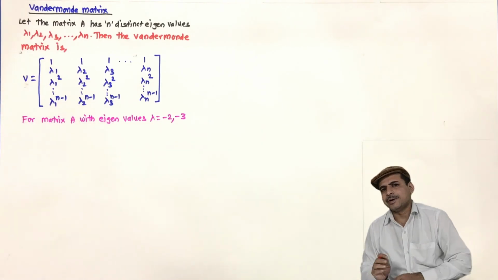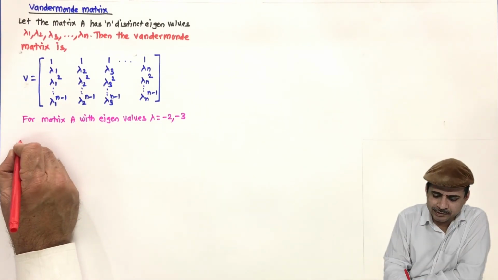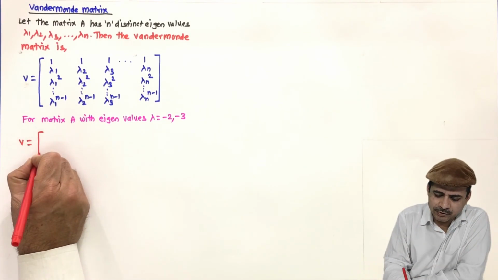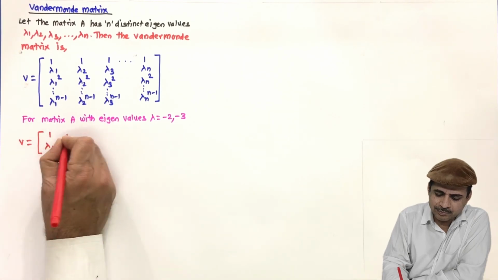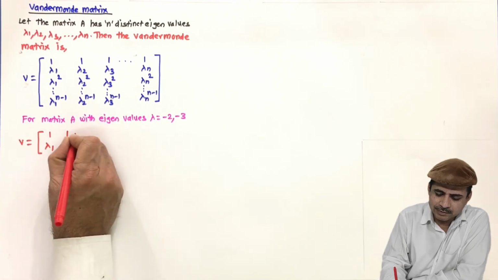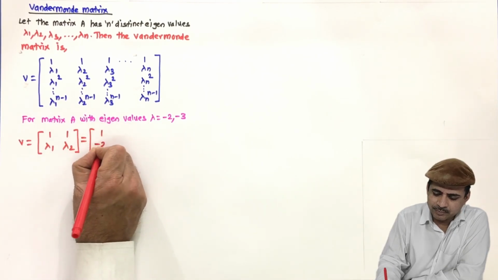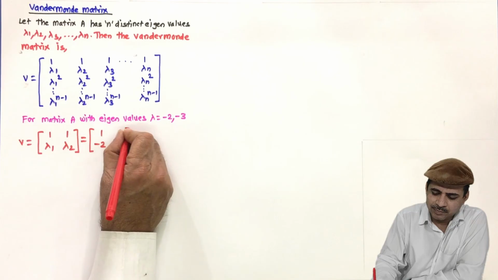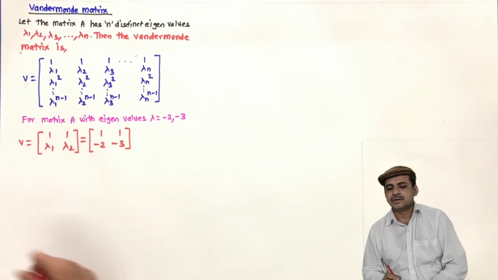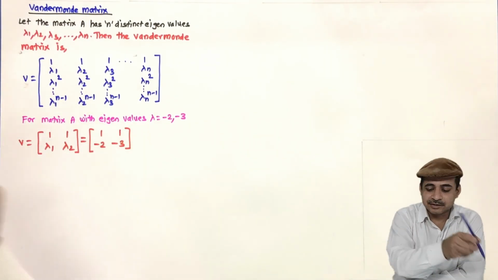Let it be a 2 by 2 matrix. So for a 2 by 2 matrix, this Vandermonde matrix will be 1 lambda 1, 1 lambda 2, and then it will be 1 -2, 1 -3. Done.